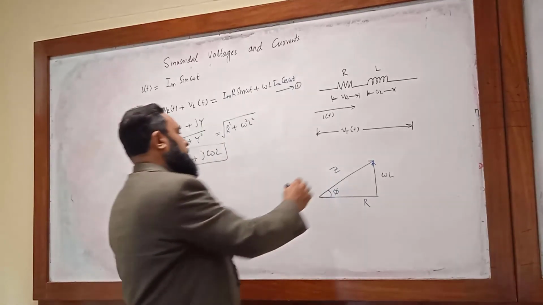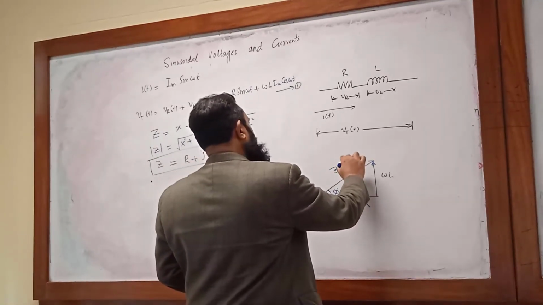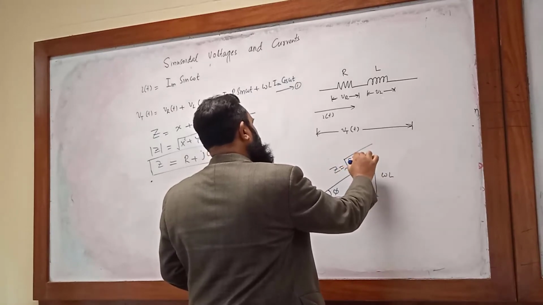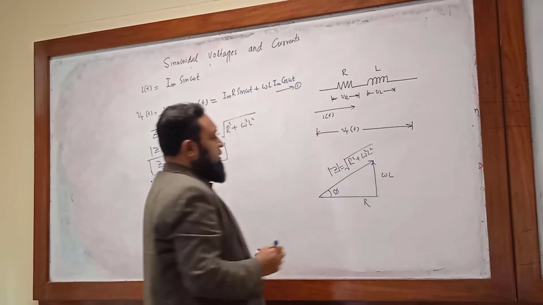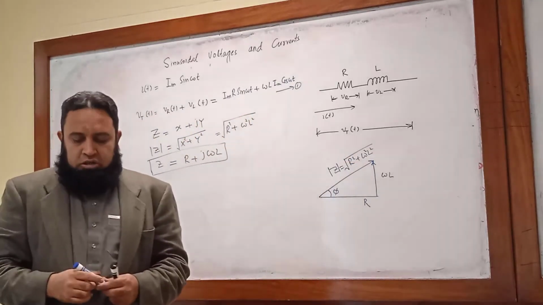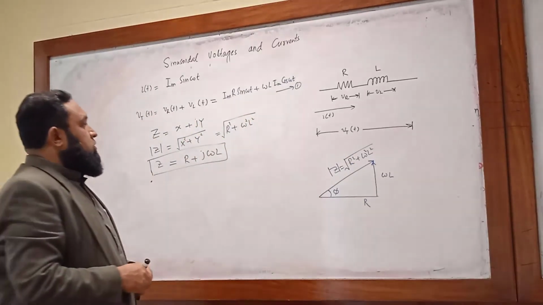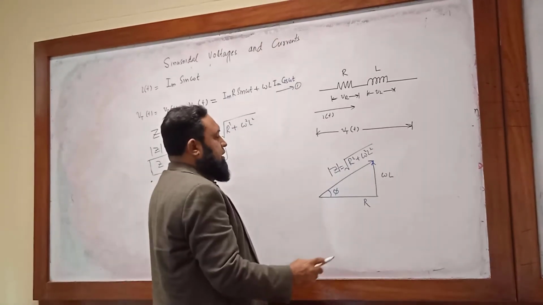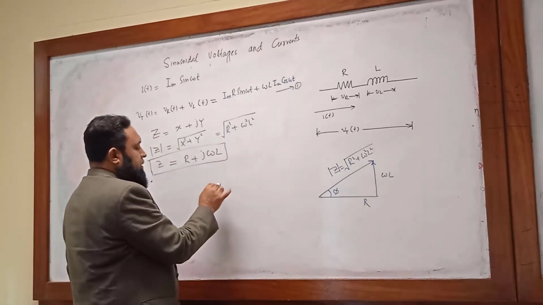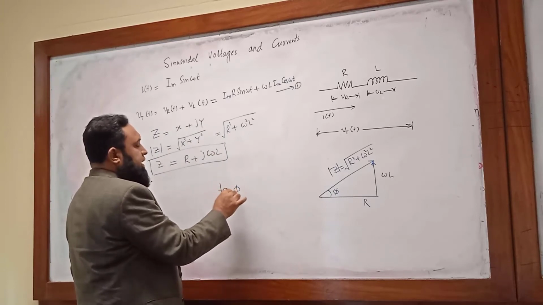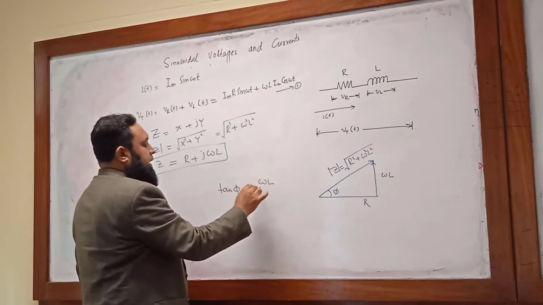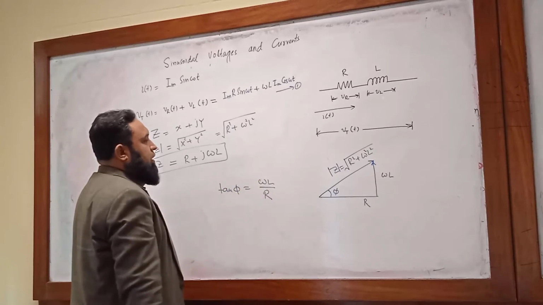So the magnitude of Z is the square root of R square plus omega square L square. Now from here you can directly compute that tangent phi is equal to omega L by R.